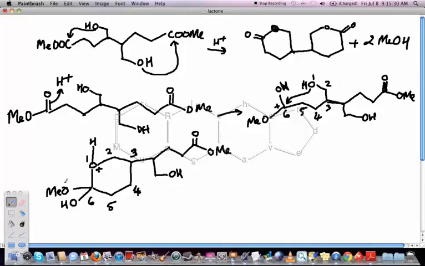In the next step, we're going to have the proton transfer. Now the proton will always be transferred to the leaving group. We know what the leaving group is, it's methanol, so we know that the proton will be transferred to the OMe group. And of course, the leaving group can also be identified by knowing what's attached to a C double bond O, which is an OMe. Alright, so we'll do that.